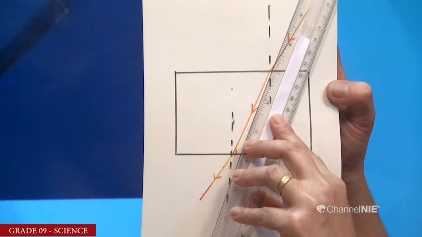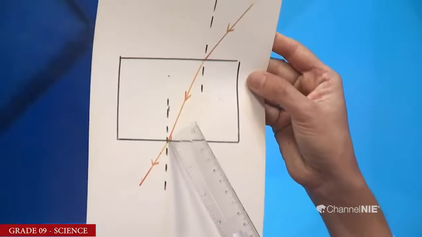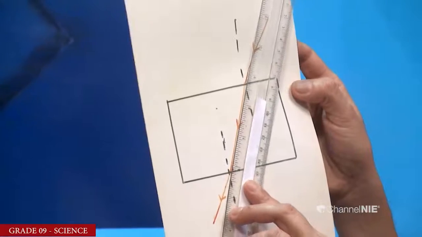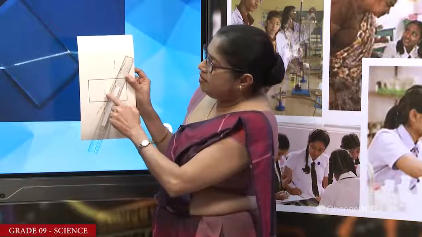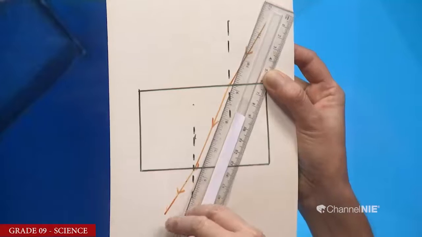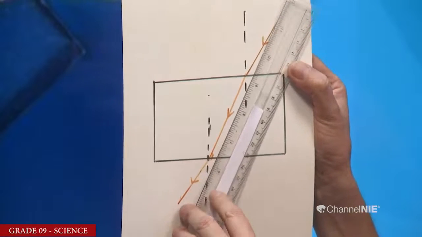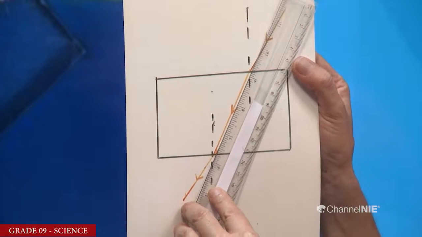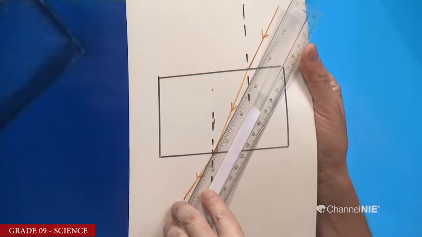It bent towards the normal, and when it is passing out of the glass block, it again changed the direction here. So, this is the refracted ray that is transmitted through the glass block, and this is the emergent ray. So that you can see the emergent ray has bent away from the normal.